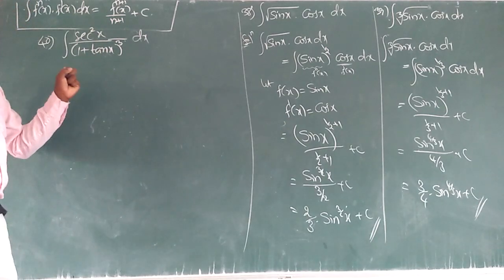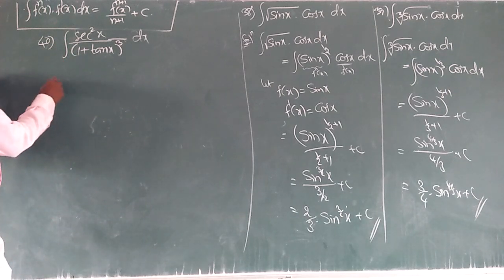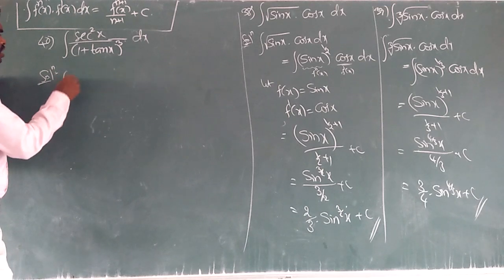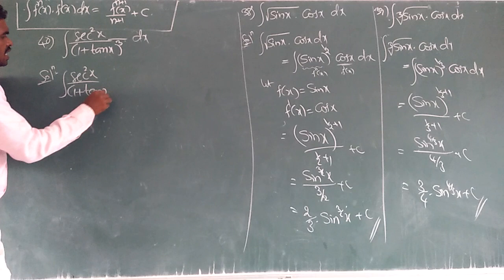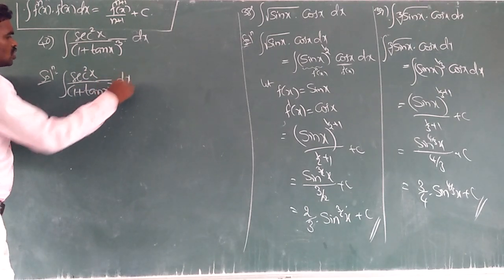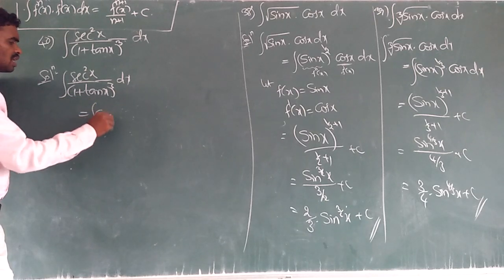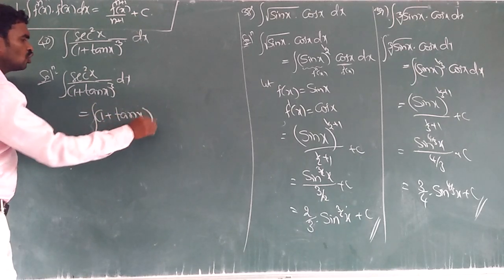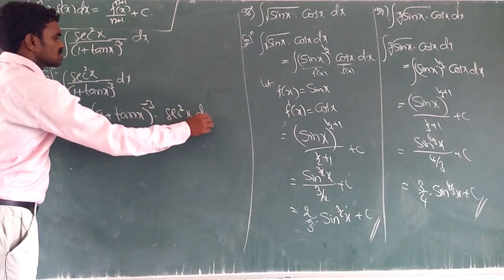Generally, as in the 35th question, the derivative of tan x is secant square x. So here also, solution. The question is secant square x by (1 plus tan x) whole cube. The denominator term we can write in the numerator as (1 plus tan x) whole to the power of minus 3 into secant square x dx.